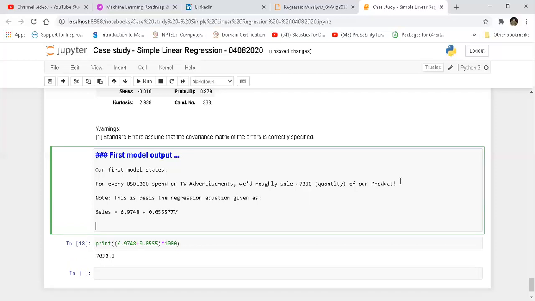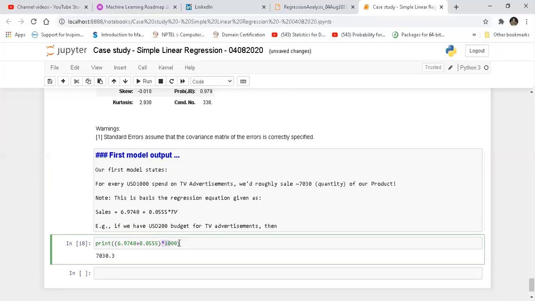Why is this useful? Example given, if we have a USD 200 budget for TV advertisements, then what will be the sale? Divide this by 1000, it becomes 7.03. So you divide this by 1000, which means you don't have to write this.